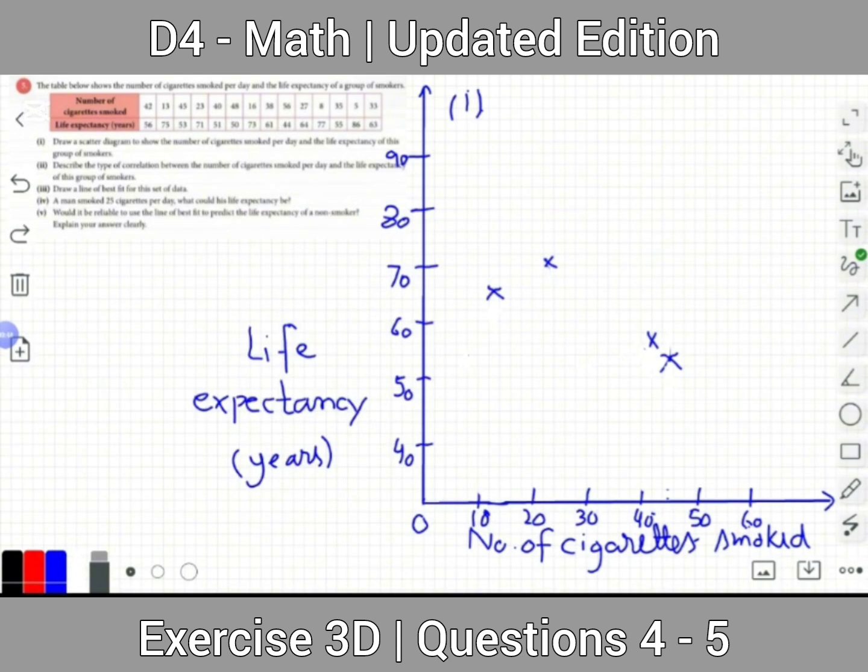Now for 40 and 51. Here we have 40, and here we have 51 somewhere here.